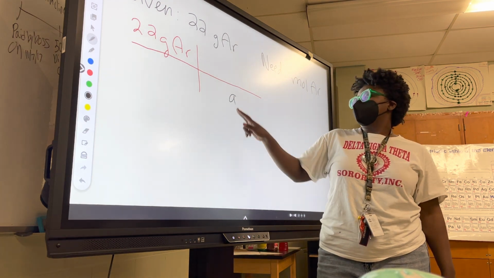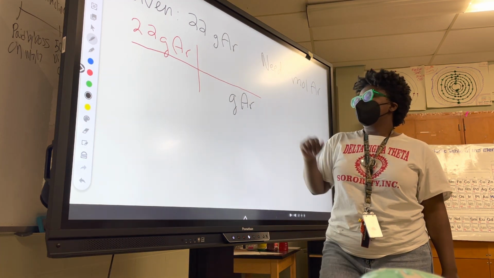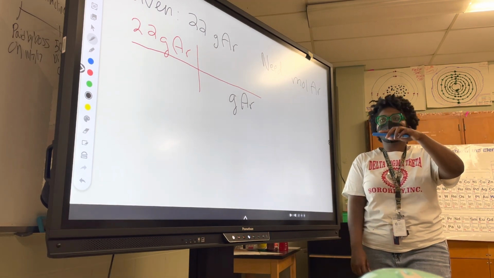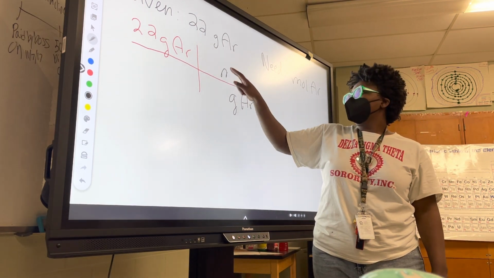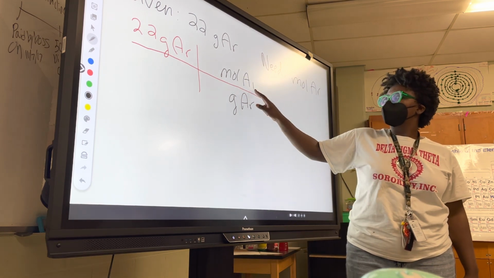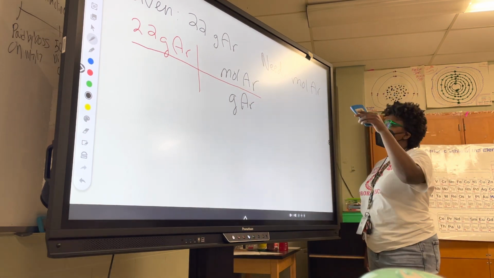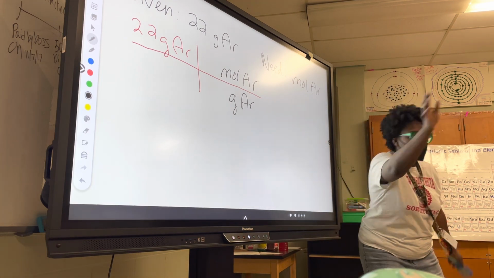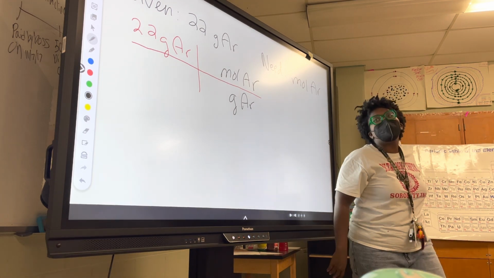Grams of argon. And because grams of argon are involved, what has to be on top? Moles of argon. I needed moles of argon, and I have that on top so I can stop.